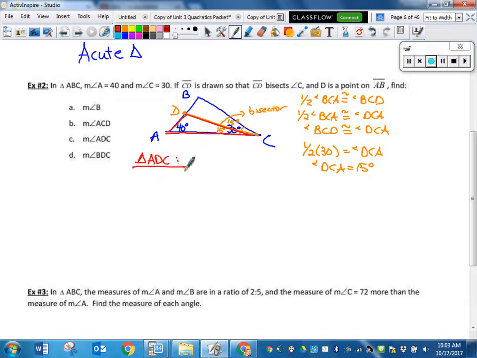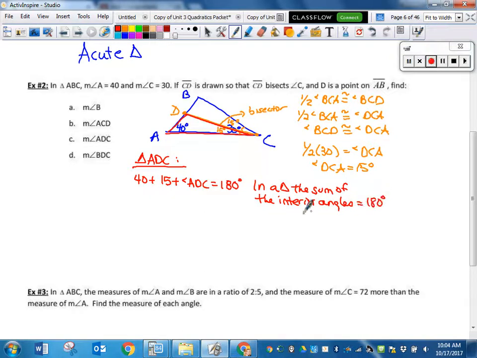In triangle ADC, I know the sum of the interior angles has to add up to 180. So 40 plus 15 plus angle ADC has to equal 180 degrees, because in a triangle, the sum of the interior angles equals 180 degrees.